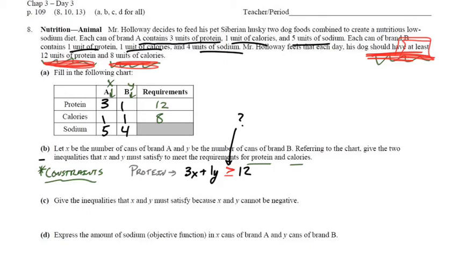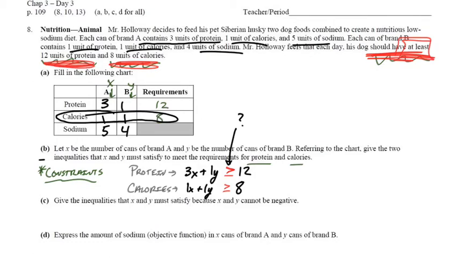Let's go to the calories. In similar fashion, for the calories we've got 1x plus 1y. And again, it needs to be greater than or equal to that minimum, which is 8.